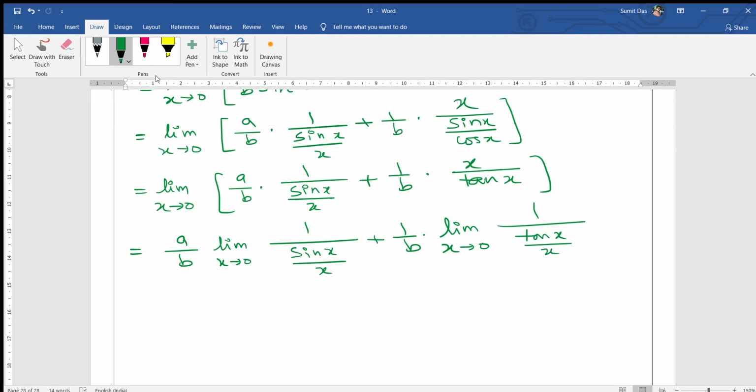Here also look, check x by tan x, so I'm writing 1 by tan x by x. So numerator is coming to the denominator of the denominator. Next line is easy. Next line, all the limit will come to the denominator.